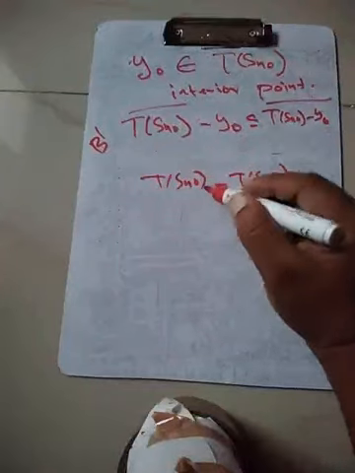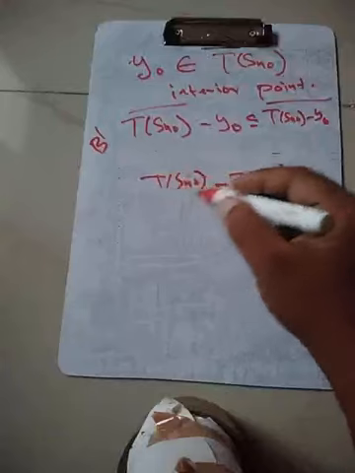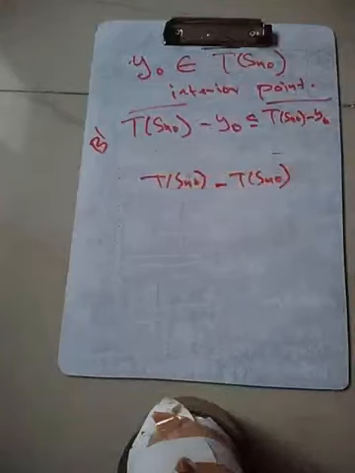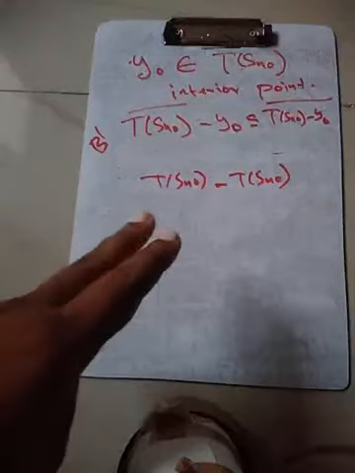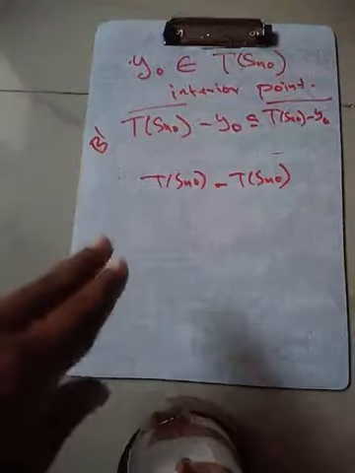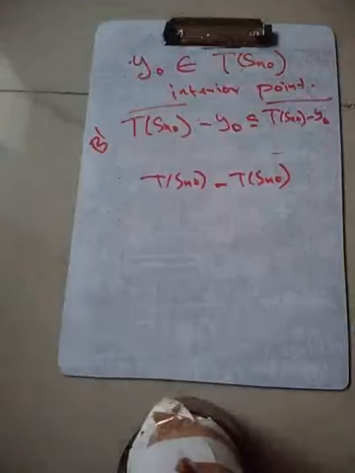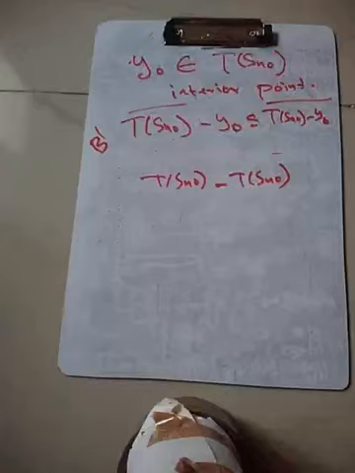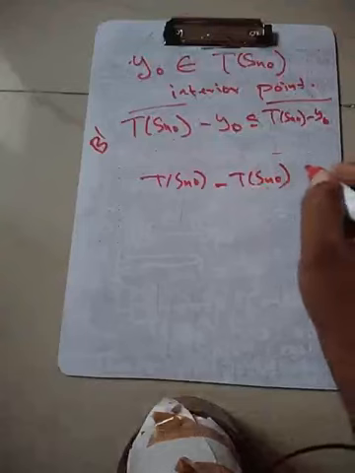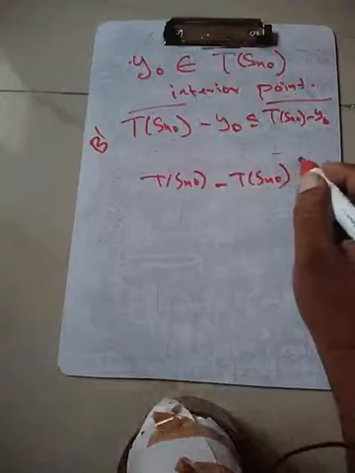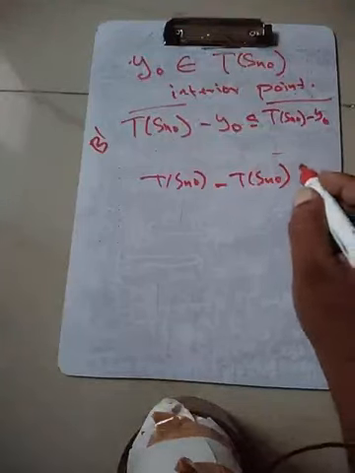So what happens is that the diameter of this set would be what? If any object is there in T(S_{n0}), maybe say y, then it is some T of x, and the norm of x is strictly less than n0. So this is clearly contained in T(S_{2n0}).